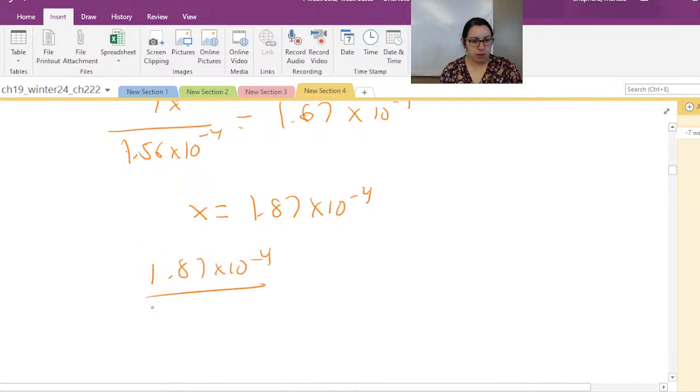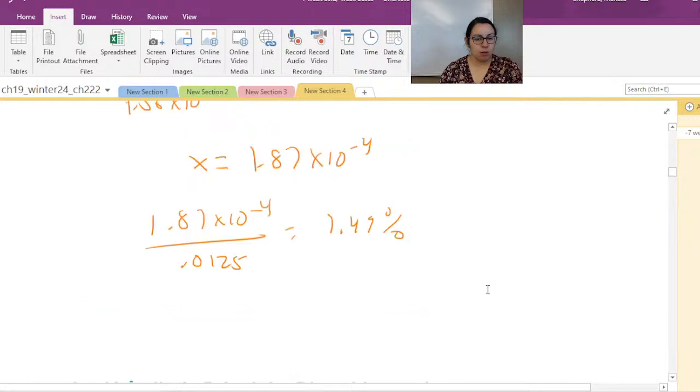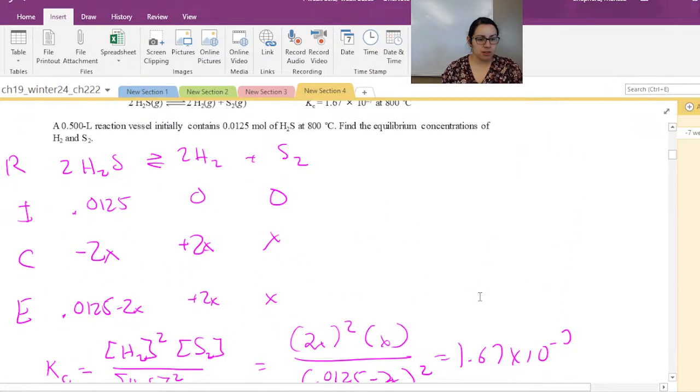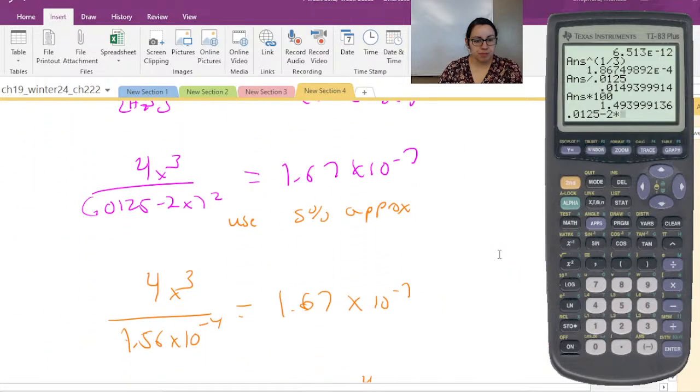Let me write that out. And so now we can find our equilibrium concentrations. So where's my x? I already forgot what x was.